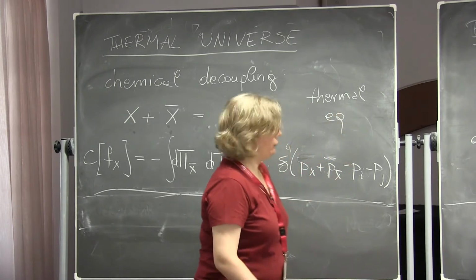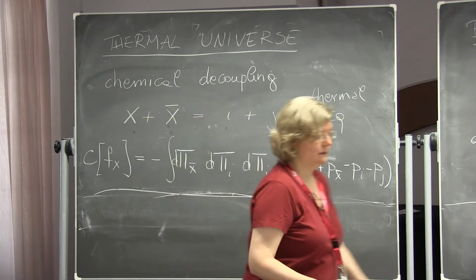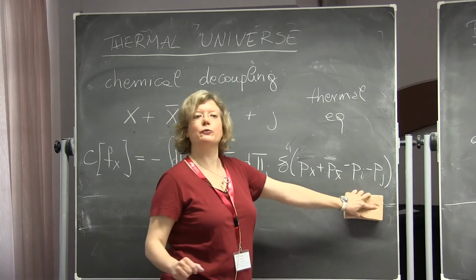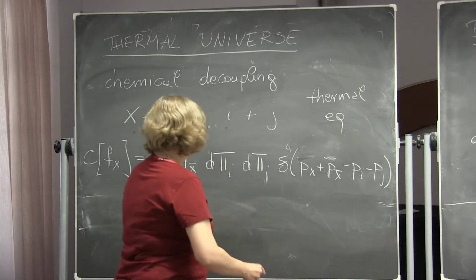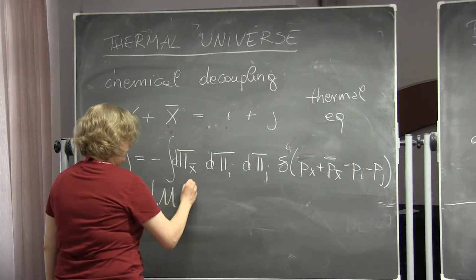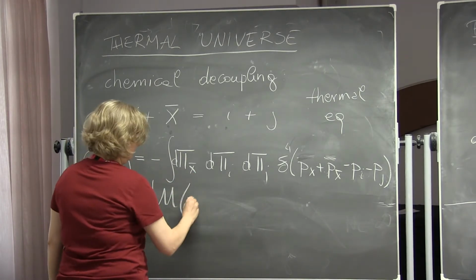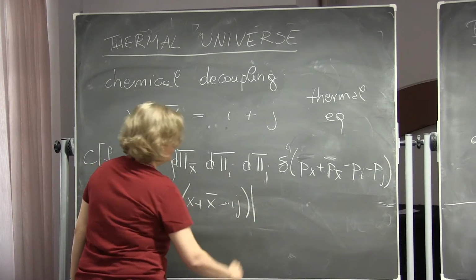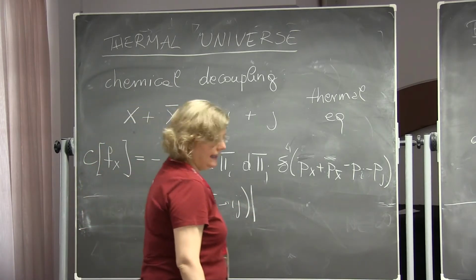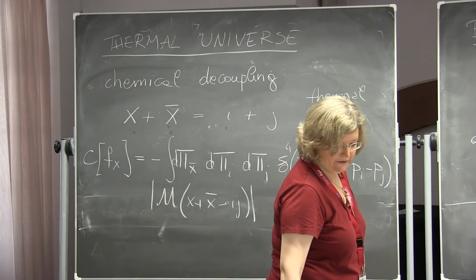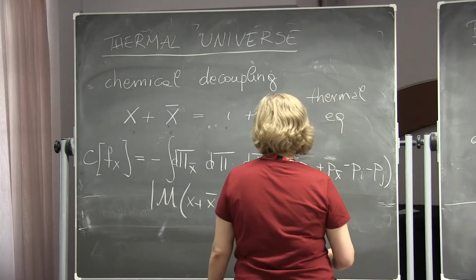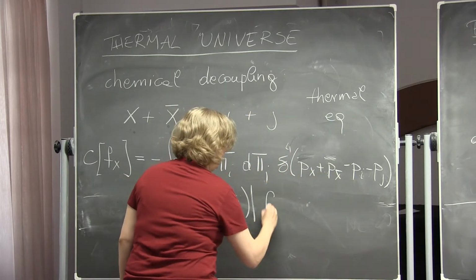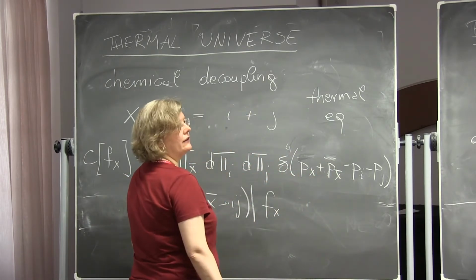And then, of course, you have the matrix element for the process. And then I will have the distribution functions of the initial state. This will depend on how many particles I have in the initial state.